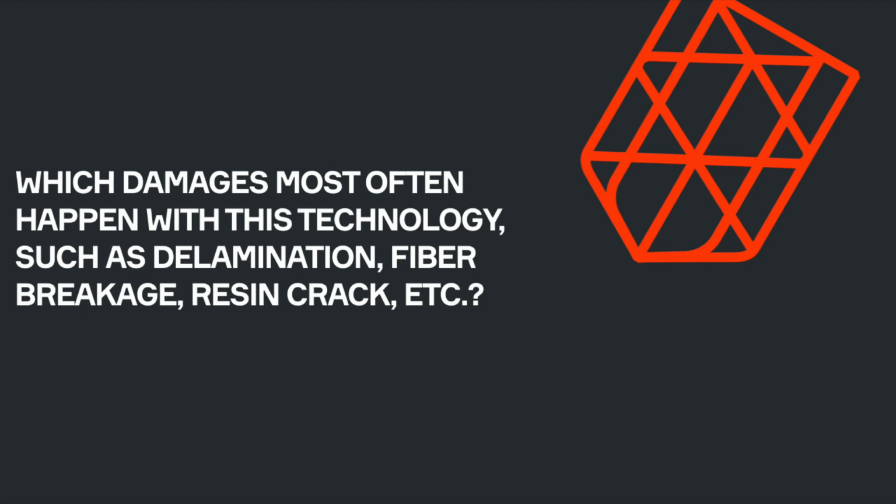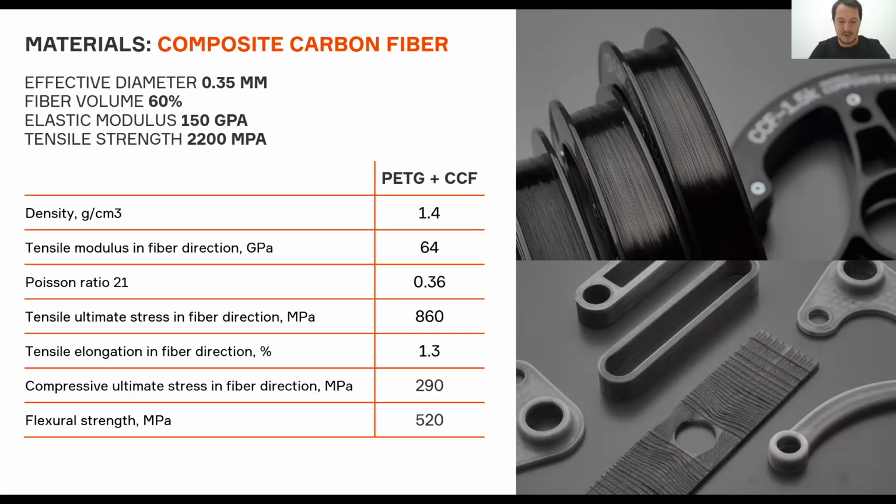Which damages most often happen with this technology, such as delamination, fiber breakage, resin crack, etc.? That's also a very good question. So there are differences. There are defects, like manufacturing defects, and that's maybe one part of the question. And the second part of the question is, what is the typical failure behavior of the 3D printed material?